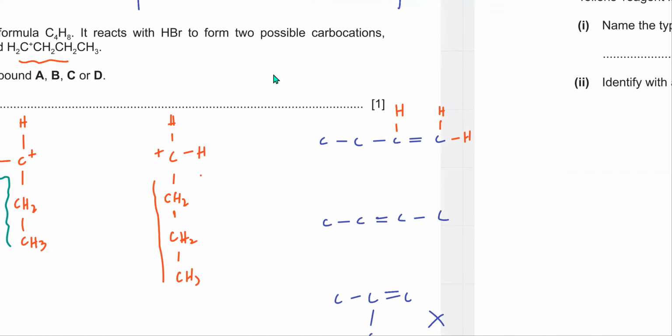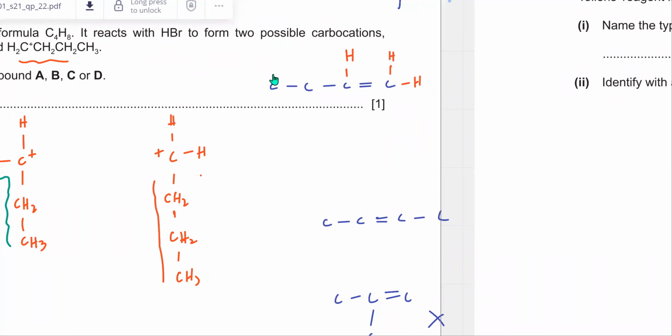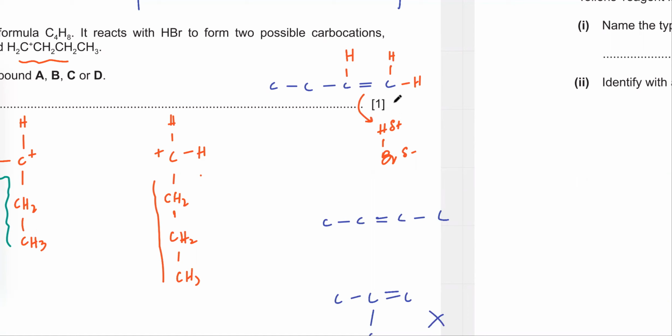The H in HBr is positive and Br is negative, and the double bond will be attracted to the H. So when the double bonded electrons get attracted to the H, a couple of things could happen.